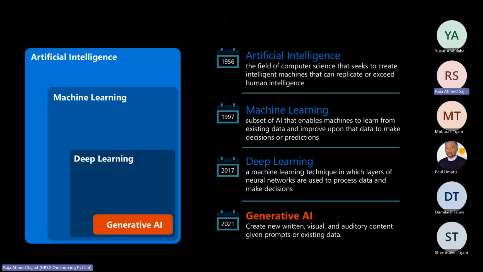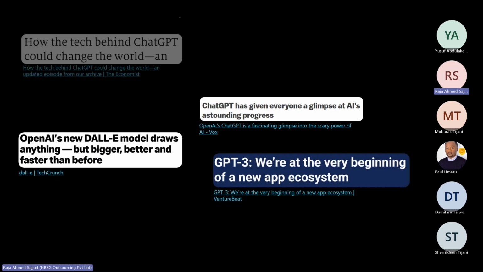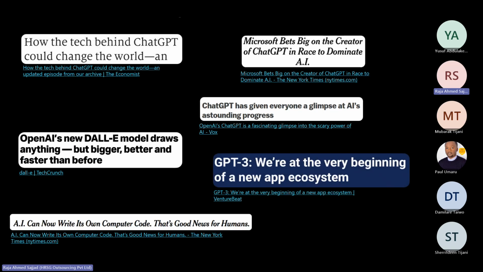And you all know that in November 2022, ChatGPT was made into a public preview. That was where the world took this by storm, and people were pulled off their seats, realizing we are now in a next generation of artificial intelligence. These were some of the news items, like how people say Microsoft bets big on the creator of ChatGPT in a race to dominate AI.